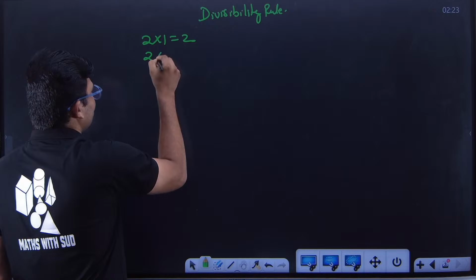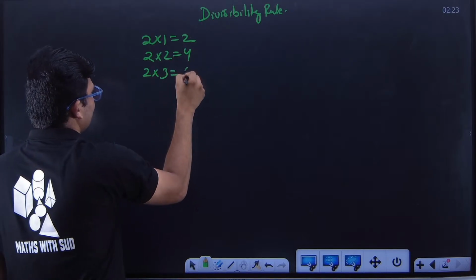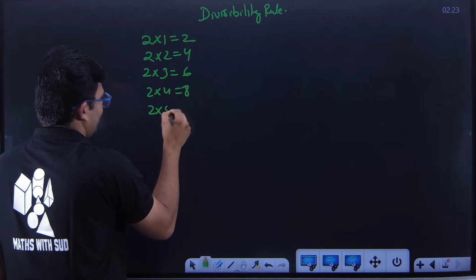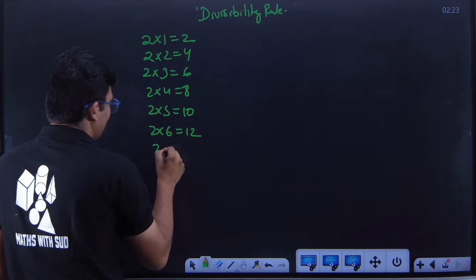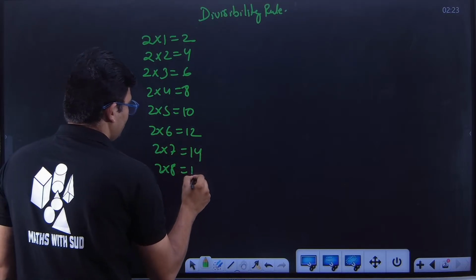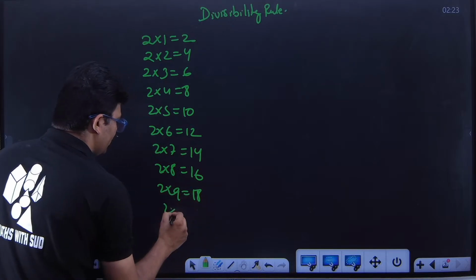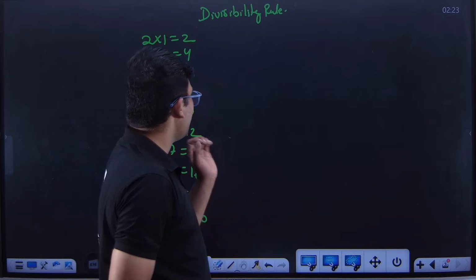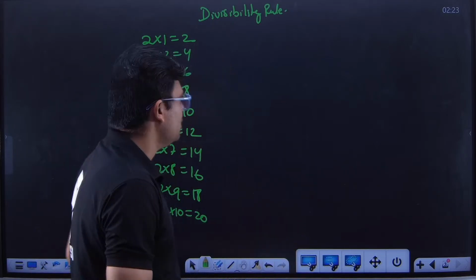So I am writing the table of 2 up to 10, so that you can see the pattern here. 2 into 4 is 8, 2 into 5 is 10, 2 into 6 is 12, 2 into 7 is 14, 2 into 8 is 16, 2 into 9 is 18, 2 into 10 is 20. Now can you see the unit digit of this pattern?